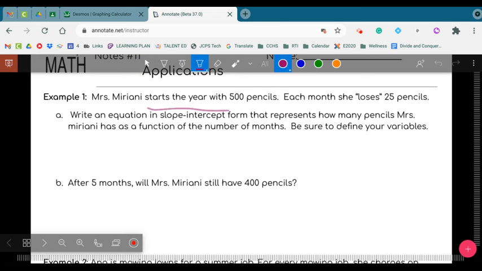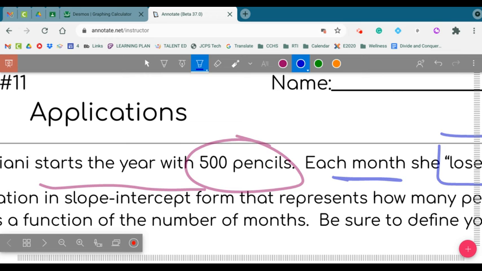So she starts the year with 500 pencils. And each month, she loses 25 pencils. So if she starts the year with 500 pencils, that means at 0 months, she has 500 pencils. So if you guys remember, this is going to be our y-intercept.